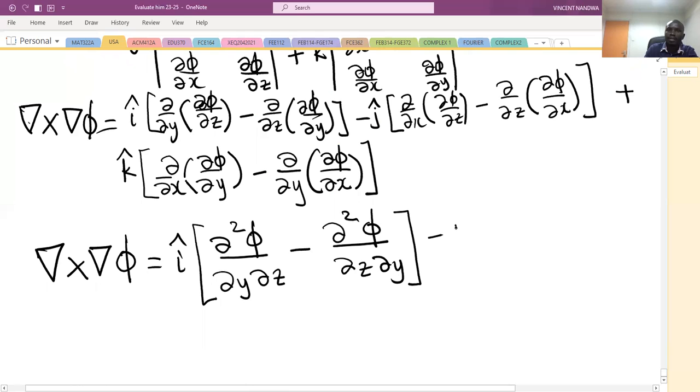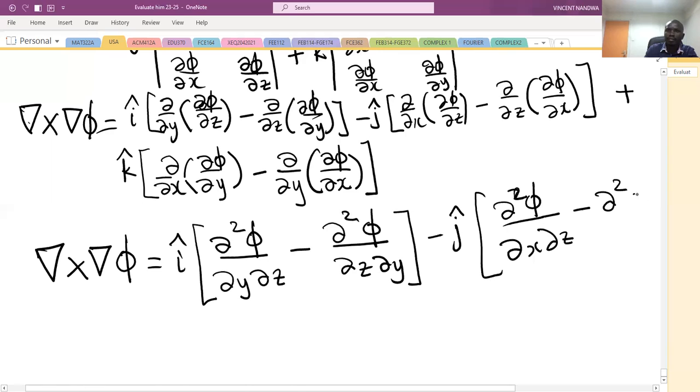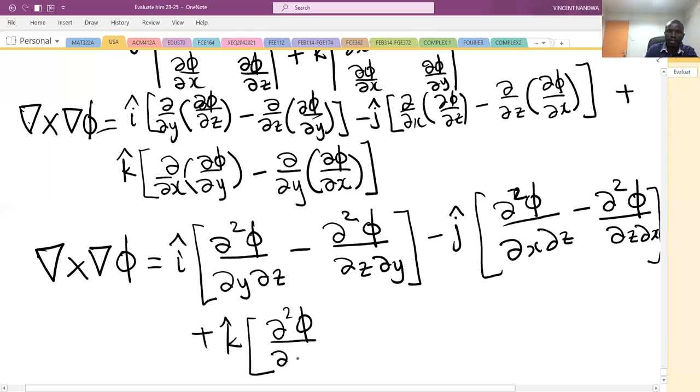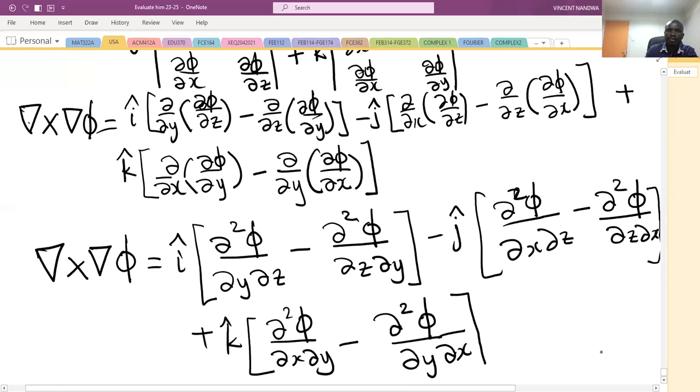This is minus j, partial squared phi partial x partial z minus partial squared phi partial z partial x, plus k, partial squared phi partial x partial y minus partial squared phi partial y partial x. So this is what we have.